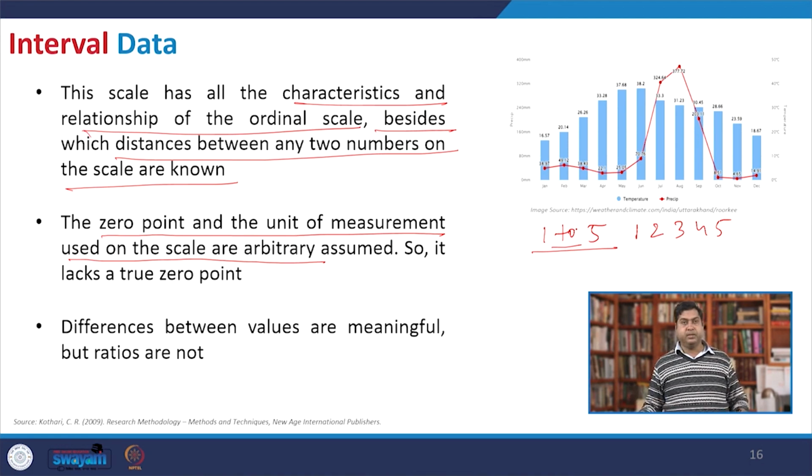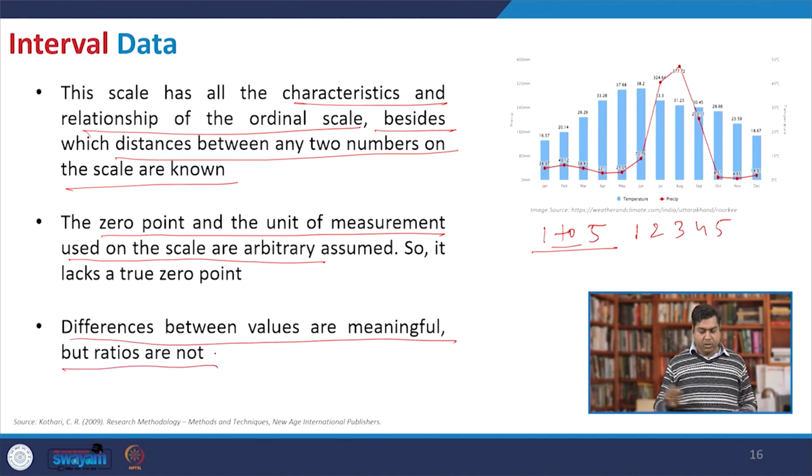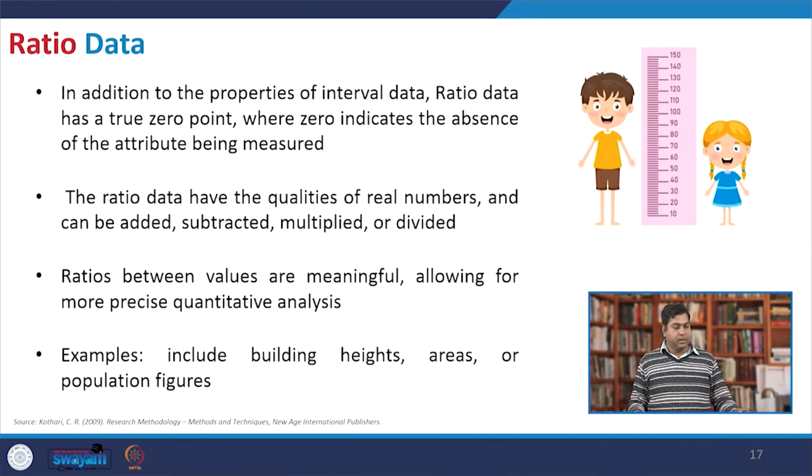Say for example in this case the temperature. So temperature ups and downs, or the precipitation of any particular thing which is having some value. So you can have a certain kind of average rainfall or average temperature exactly on that. Differences between values are meaningful, but ratios are not. So we are not going for any ratio thing.